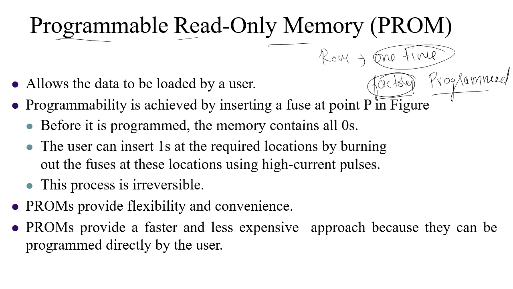Programmable ROM is also called one-time programmable. That means the designer or the programmer has the flexibility to program the memory for one time. He can load the content whatever he wants to, but only for one time.